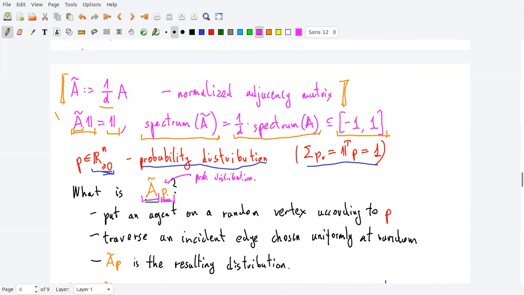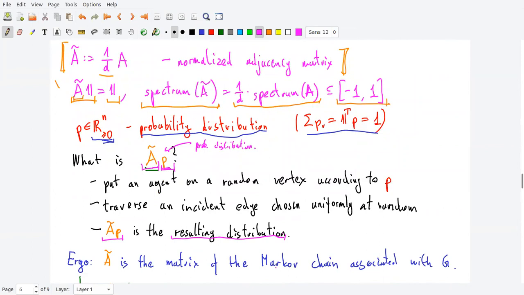Therefore I end up with a possibly different vertex. Now you can easily see that A tilde, the normalized adjacency matrix of the graph, times the probability vector P is the resulting distribution, where my agent will be after this experiment.